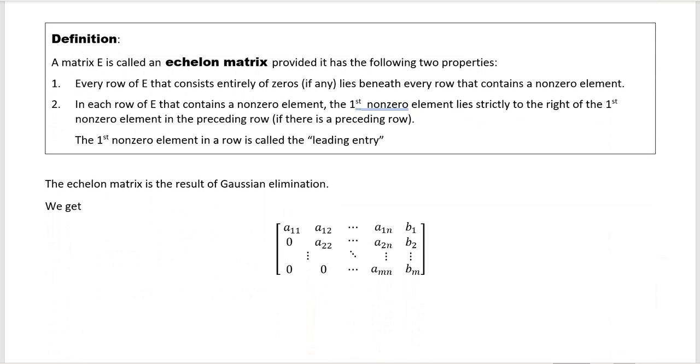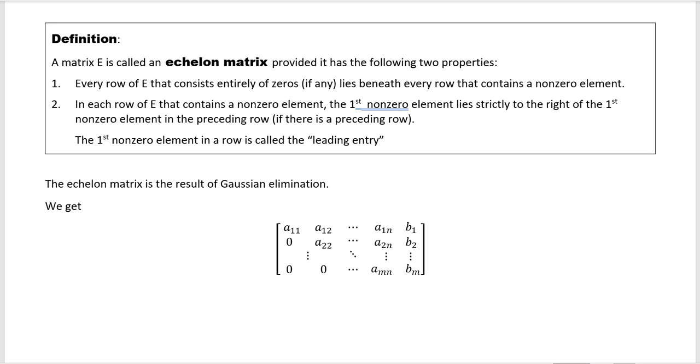Definitions. So what is this stair-shaped matrix? It has a name. It's called an echelon matrix. So a matrix E is called an echelon matrix provided it has the following two properties. First property, every row of E that consists entirely of zeros must lie beneath every row that contains a non-zero element.